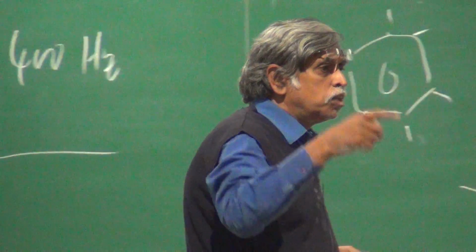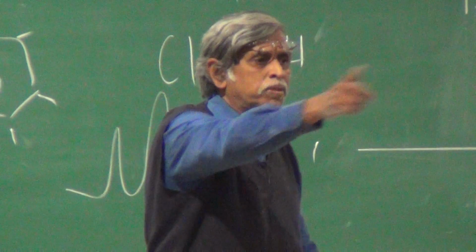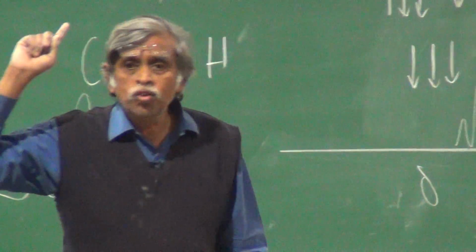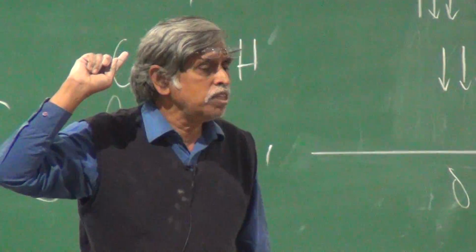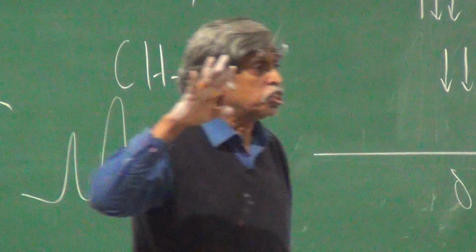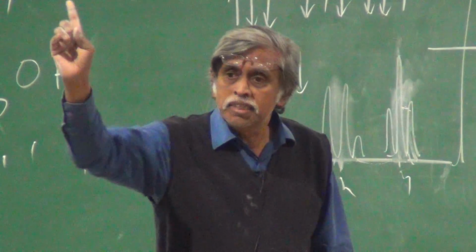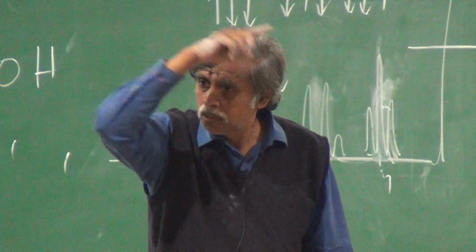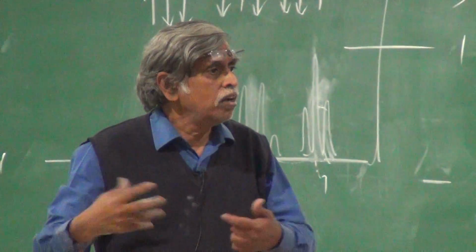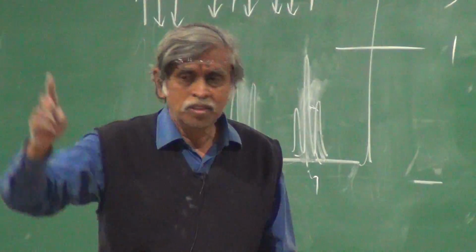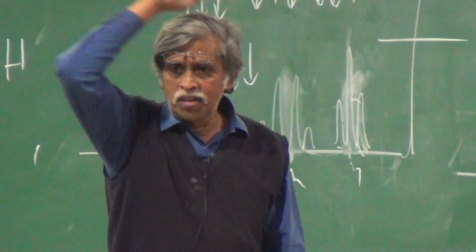So first what happens? You apply a field, this fellow starts to precess. And just when you think this guy is going to precess at a certain frequency, in comes the diamagnetic circulation. And what does it do? It changes the frequency of this precession, depending on whether it is shielded or more or less shielded. For a bare proton, we know it's got a certain frequency.